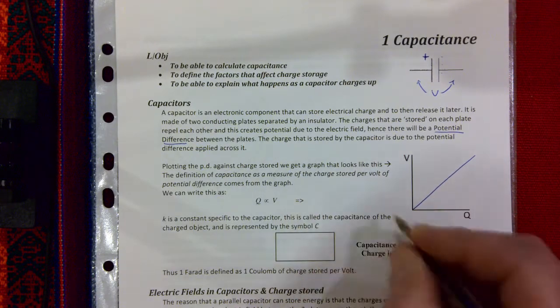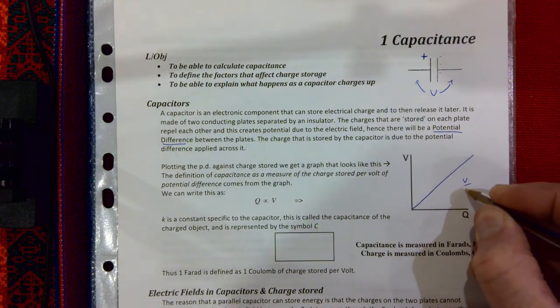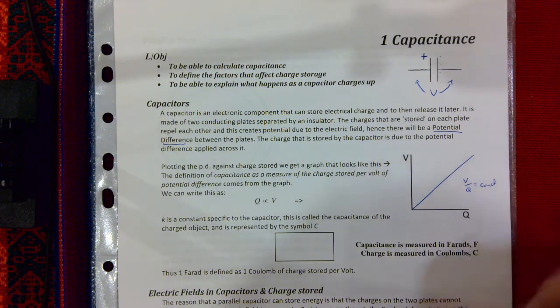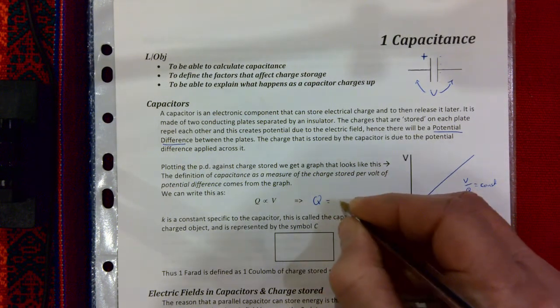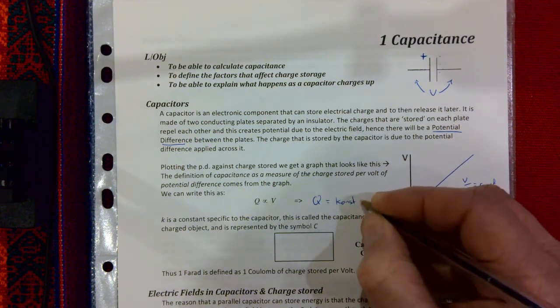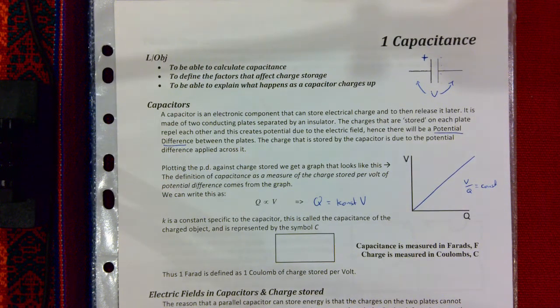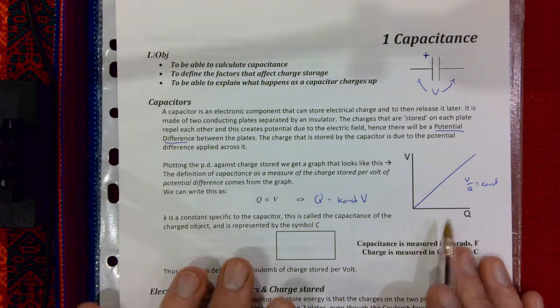So in terms of linking that as a graph, V over Q is a constant. So we've basically got the idea that Q equals a constant, C or K, it doesn't really matter, multiplied by voltage. There is nothing about this that's complicated.